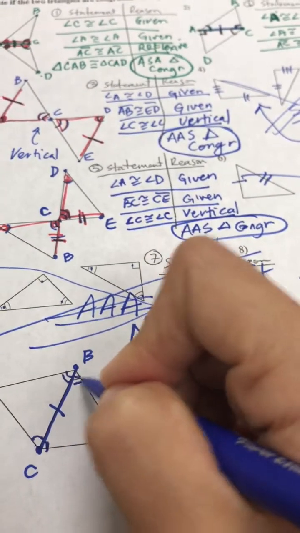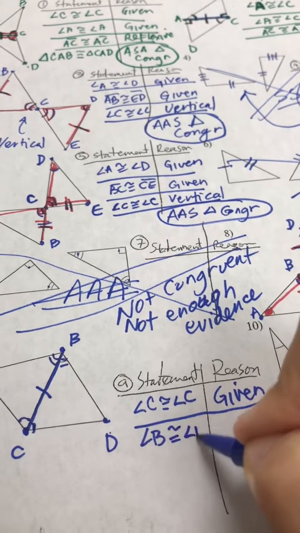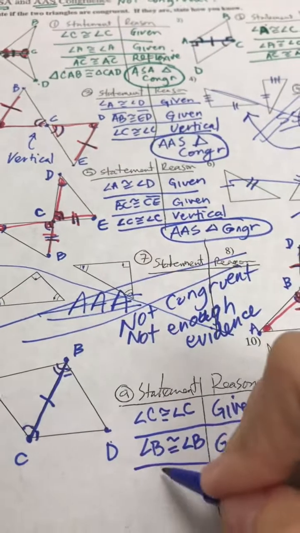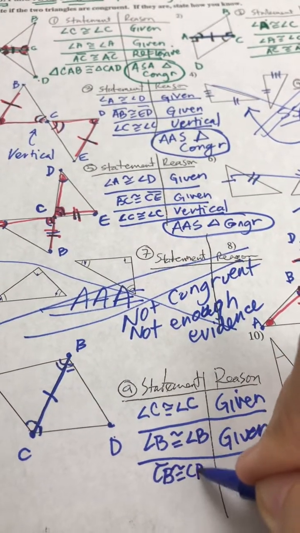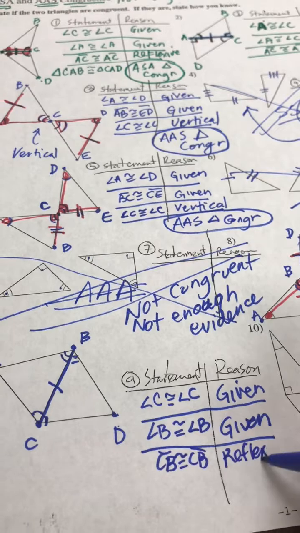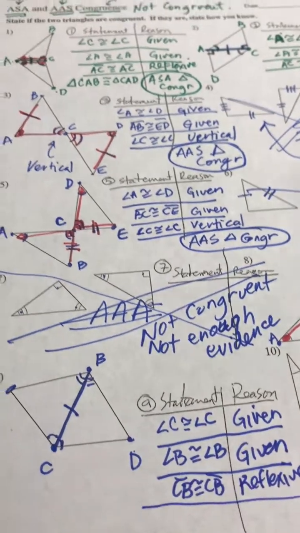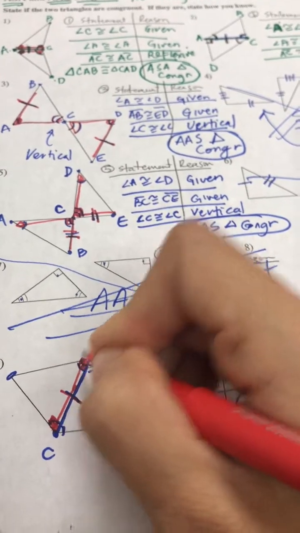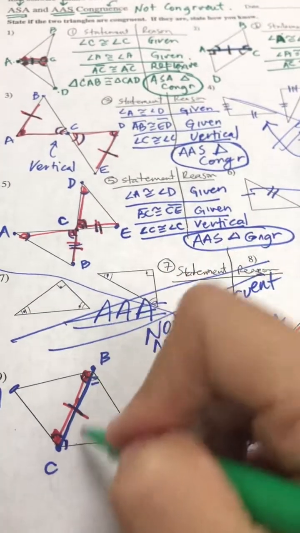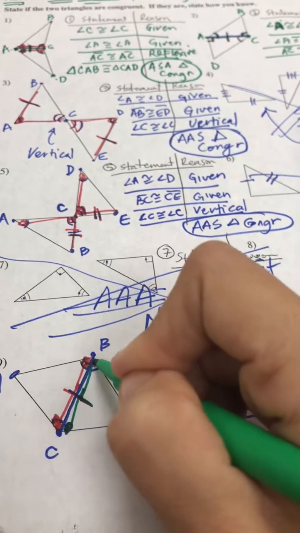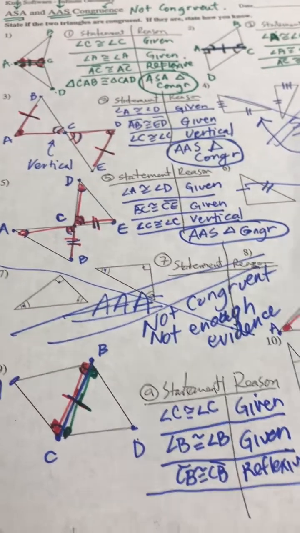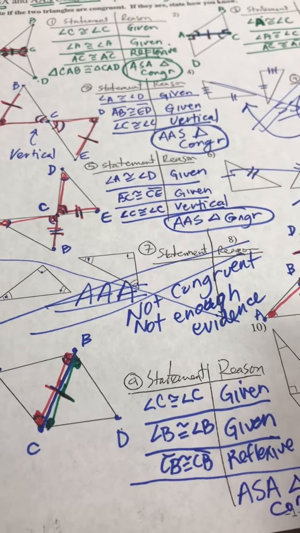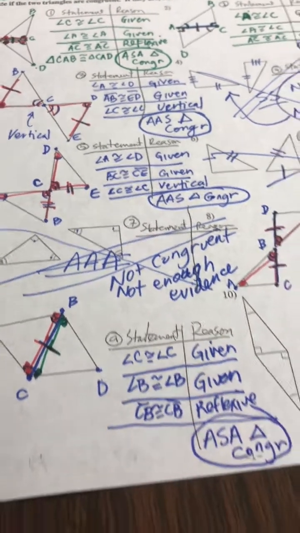We're given a second matching angle at B. So that's given. And then we're given this side, CB, because of reflexive. Okay, awesome. So let's collect the order of the evidence. We have angle, side, angle. And looking at the other shape, we have angle, side, angle. So I think you heard it right. Both of them, the evidence is ordered angle, side, angle. So we're going to write angle, side, angle, triangle congruence.